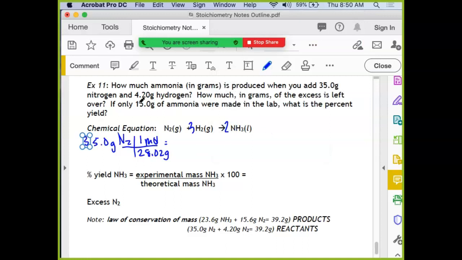Okay, so hydrogen. 4.20 grams of hydrogen is given in the problem. And you have to turn grams to moles because the ratios that these react in are mole to mole ratio. They aren't gram to gram ratio. So we can't compare grams. We can only compare moles. So hydrogen is 1.01, but there's 2 of them. So it's 2.02 grams per 1 mole.